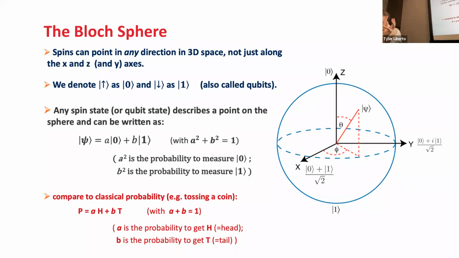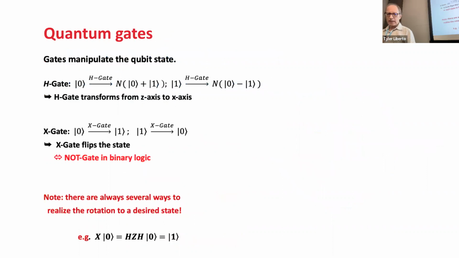Sounds strange? The other strange thing is that if we do a full rotation from the 0 state over to the 1 state and back to the 0 state, then we actually need 720 degrees to do that, not 360. This is coming out of this complex environment.